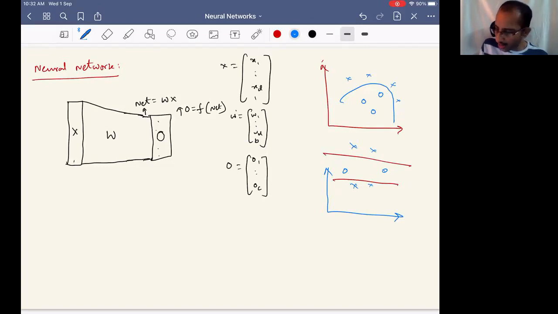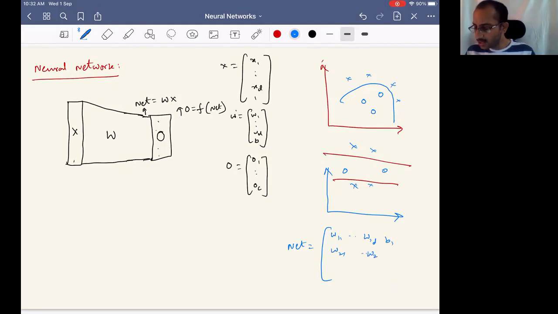So explicitly, if you want to write it, net value is equal to the matrix with rows W11 to W1D and bias B1, W21 to W2D and bias B2, and so on.